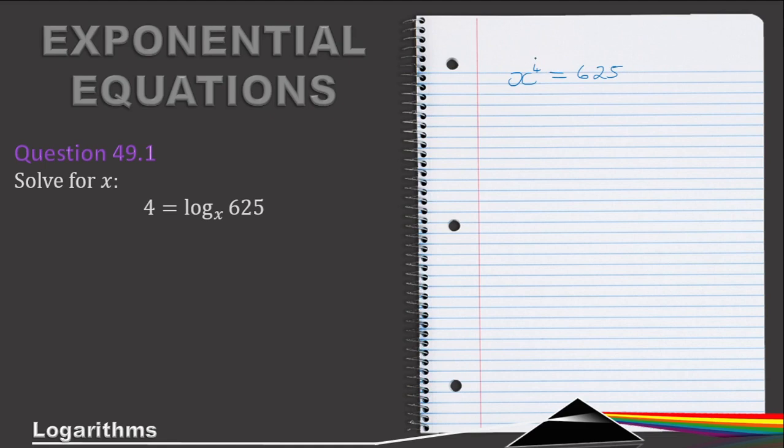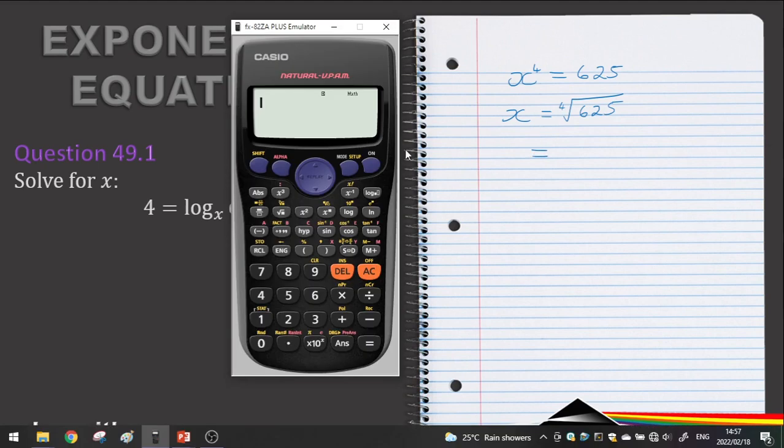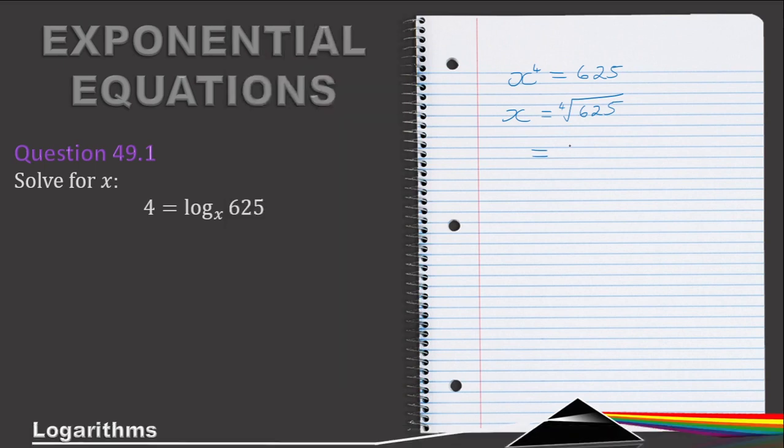Since it's to the power of 4, we just take the 4th root. So x equals the 4th root of 625, which is equal to 5. Okay, so plus or minus 5.